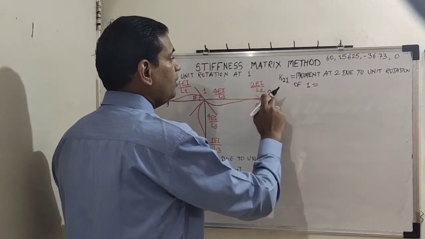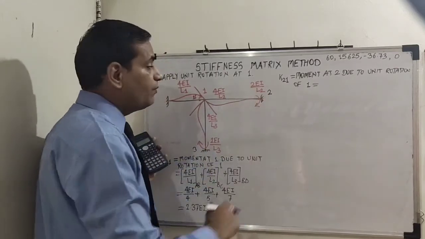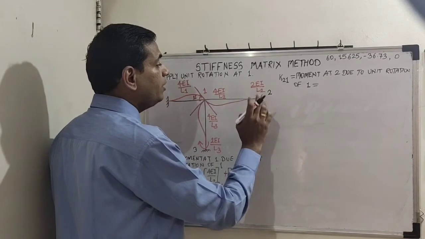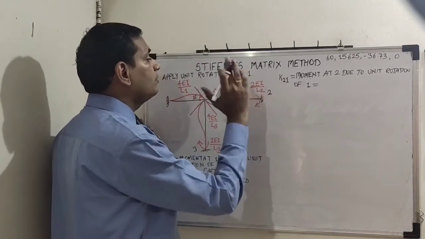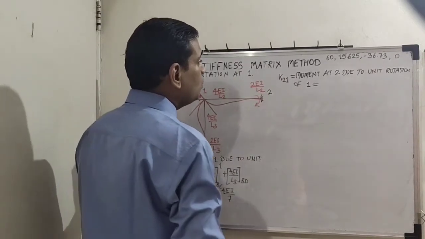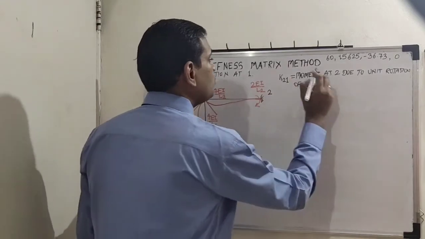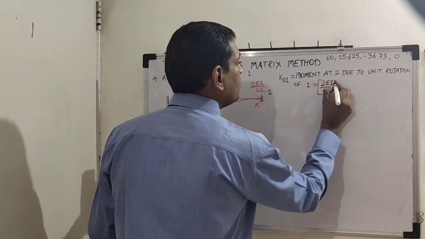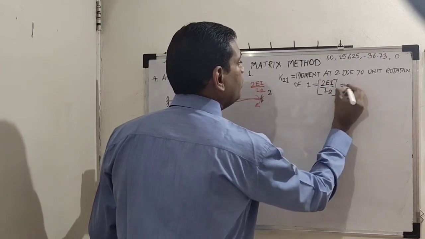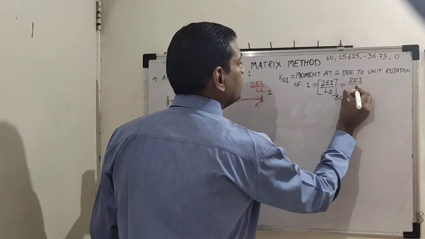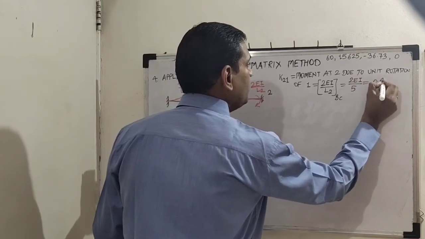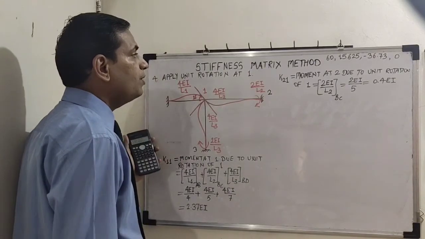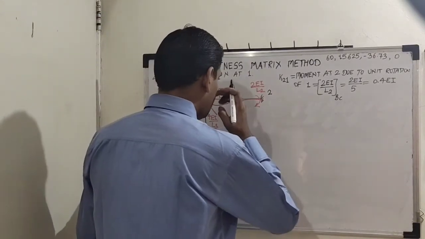Because our second unknown is rotation. If our second unknown is linear displacement, we will find reaction here and not moment. Okay. So in this case it will be moment. So value is 2EI by L2. So how much is this? L2, 2EI by 5. So this is 0.4EI. K21 is 0.4EI.